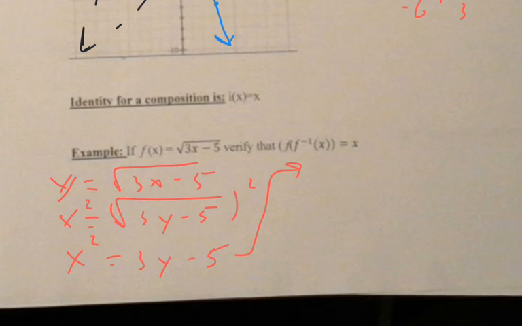So we have add 5 to both sides. So you get x squared plus 5 equals 3y. Divide by 3 on both sides, and we get f inverse of x equals x squared plus 5 over 3.